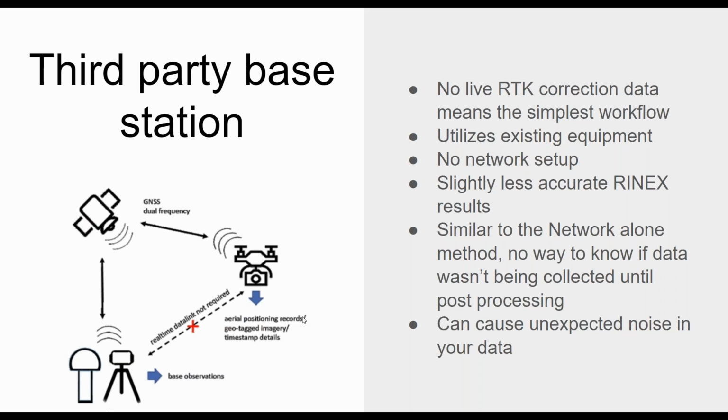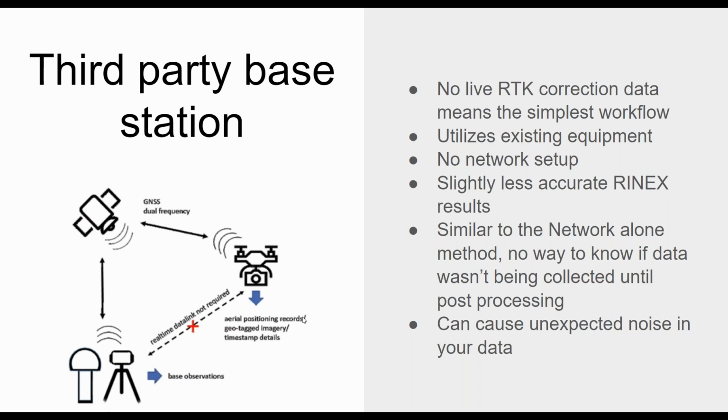And then you're going to disconnect the RTK on your drone and then fly the area of interest, collecting data. The data that you're going to be collecting is not going to be GNSS corrected data. It is only going to be corrected with the satellites that the drone is connected to. And then you take your drone data and you take the RINEX data that your base station was collecting, and you merge these two in post.